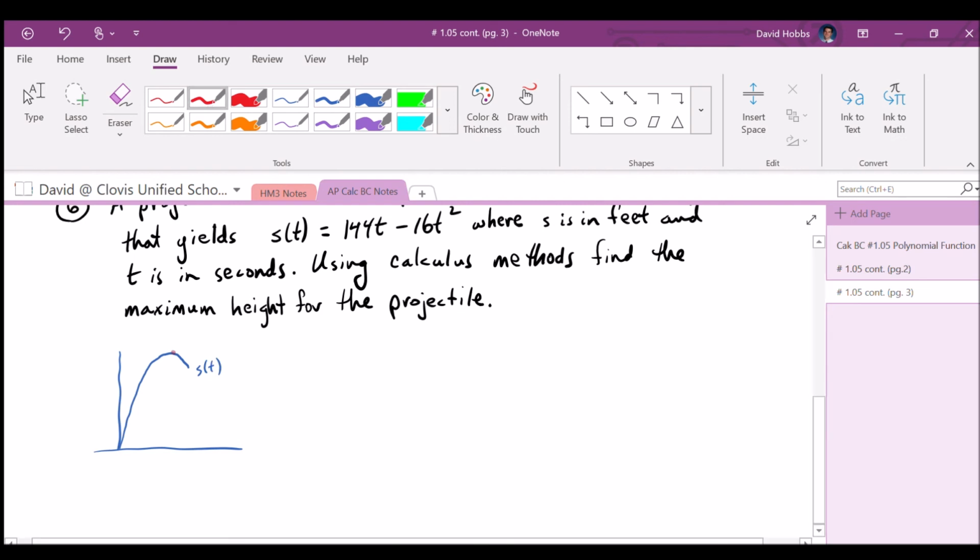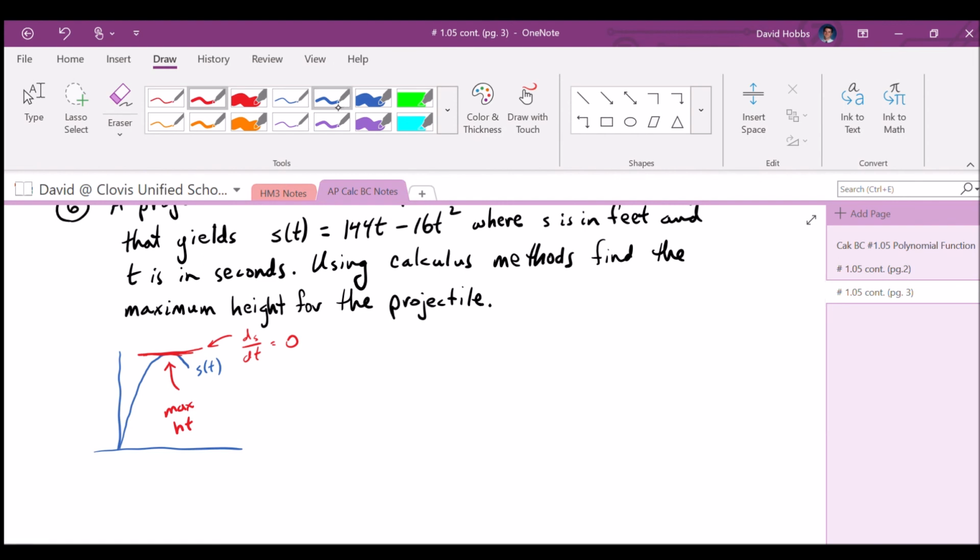Well, maximum height, what can you tell me about the slope of the tangent line there? Oh, ds dt would be 0, wouldn't it? And that's where the maximum height is going to occur.